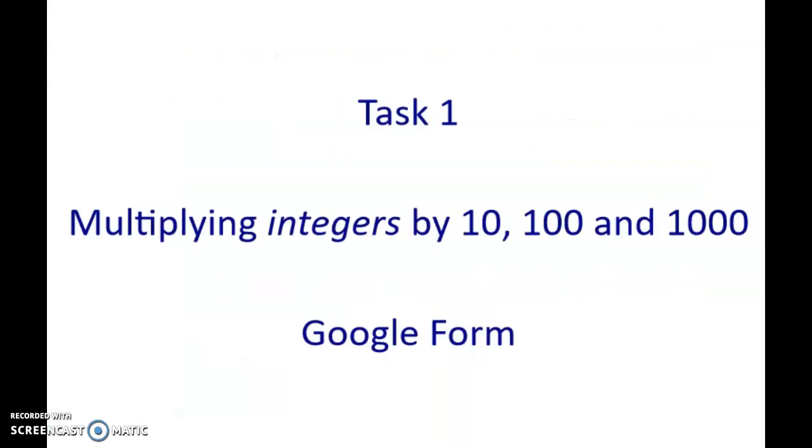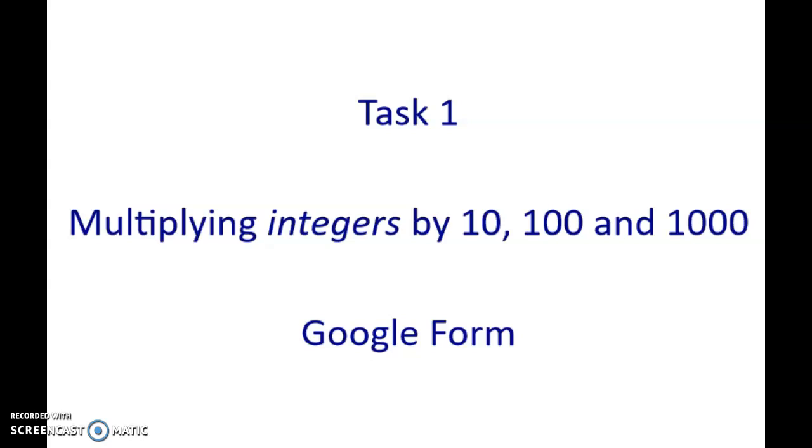So now it's your turn. In a second, I'm going to ask you to pause the video, go to Google Classroom and find Task 1, Multiplying Integers by 10, 100 and 1,000. Use your place value chart on Jamboard to help you make notes and move the digits 1, 2 or 3 places to the left using zeros as placeholders afterwards.